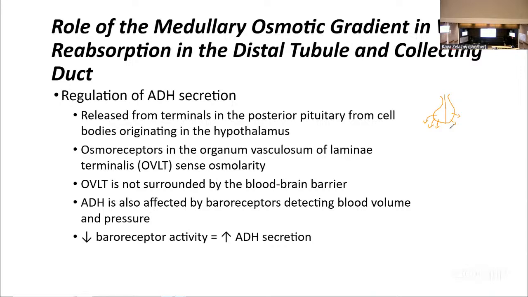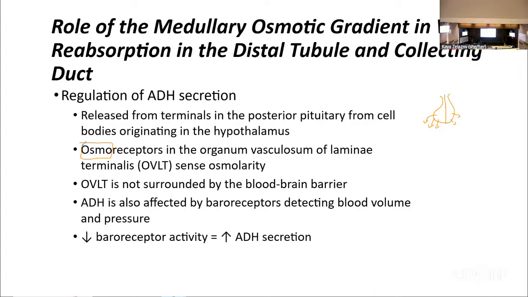And so these cells are going to be reacting to signals coming from some other cells in the hypothalamus surrounding them. So we have osmoreceptors, osmo for osmolarity, in a place called the organum vasculosum of the laminae terminalis, or OVLT. That's in the hypothalamus, a different cell, it's a receptor.